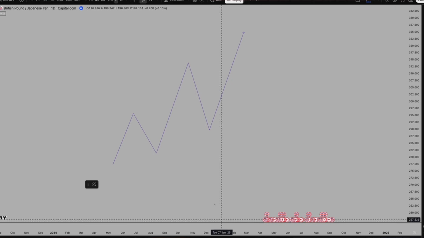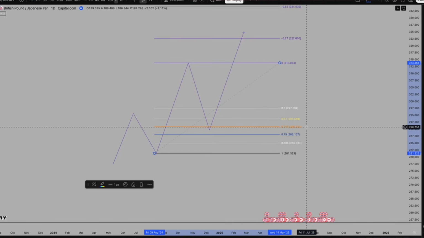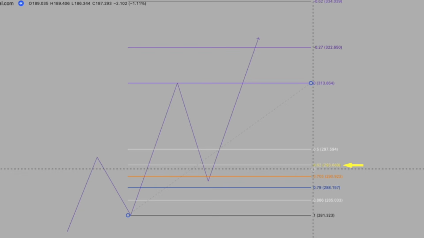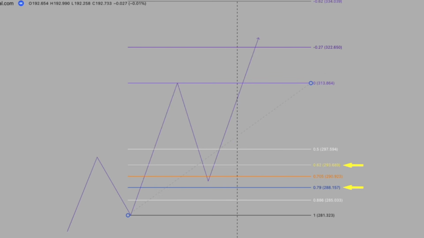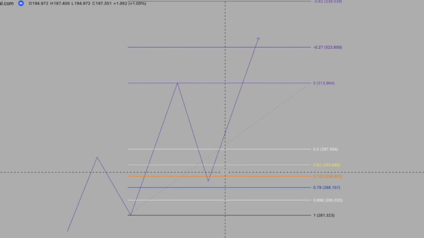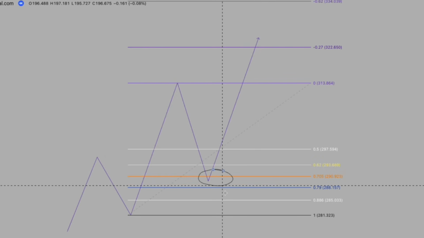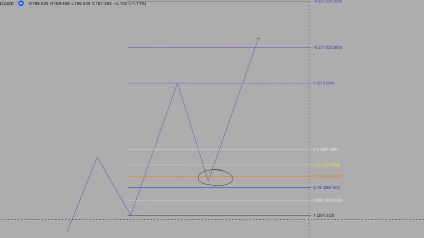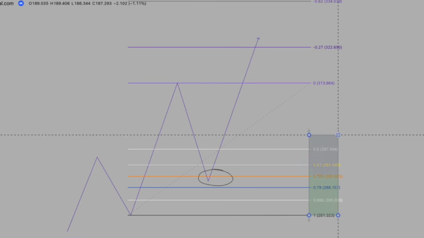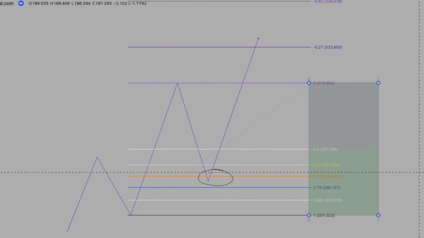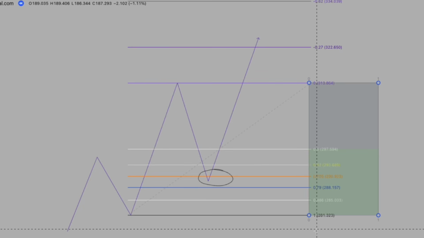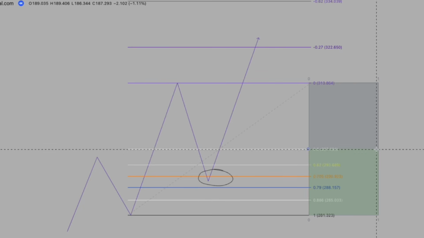So in an uptrend, when price retraces into the OTE level, which is between 0.62 and 0.79, this is where I am looking to buy. Again, if I had to mark this out, from 0 to 1 is the range we're looking at. Between 0.5 to 1 is my discount zone.